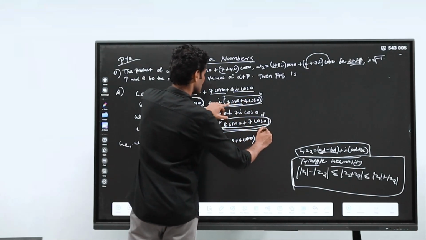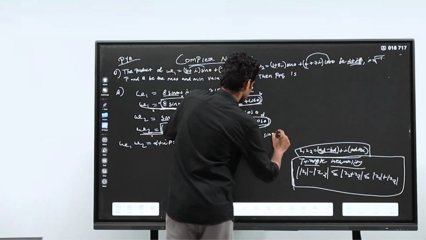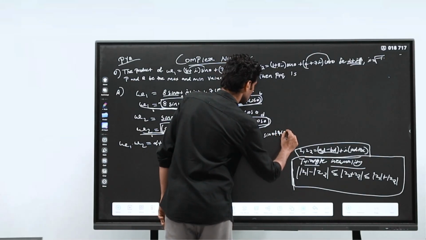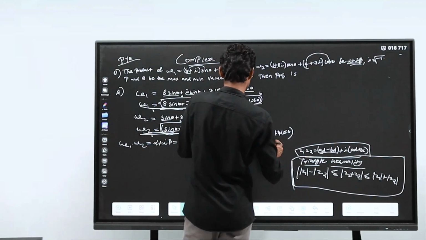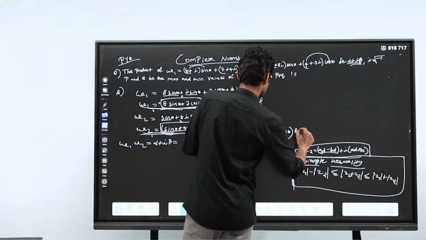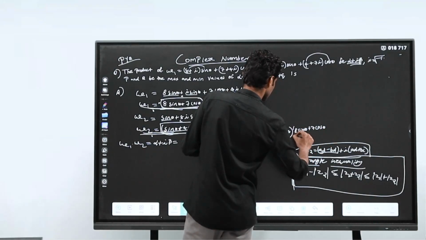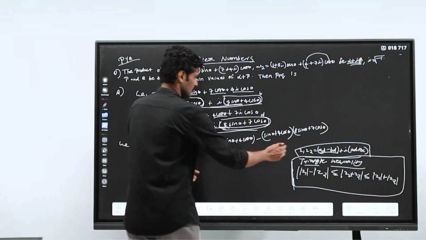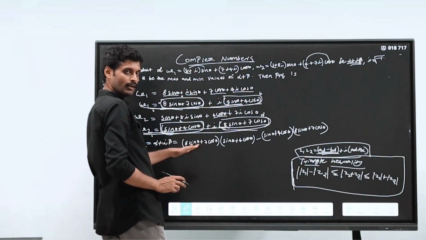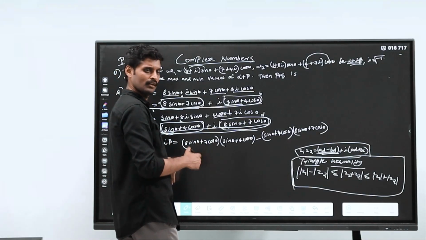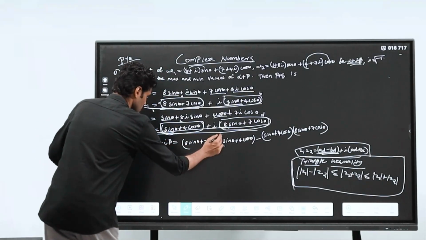B means this term, sin theta plus 4 cos theta, multiplied by D, which is this term, 8 sin theta plus 7 cos theta. This is AC minus BD, the real part, that is alpha. So first of all, we need to find alpha, and then we will find beta in another portion. So we can expand.